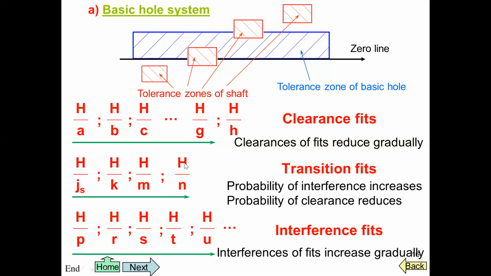And the last one, S over N. This fit is nearly an interference fit because 99.9% is interference fit.